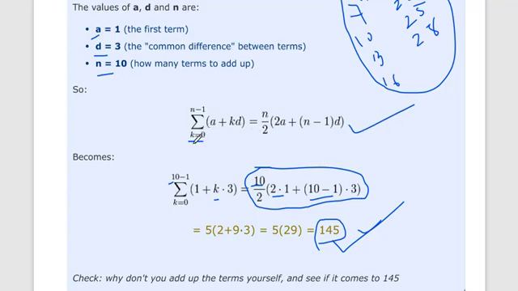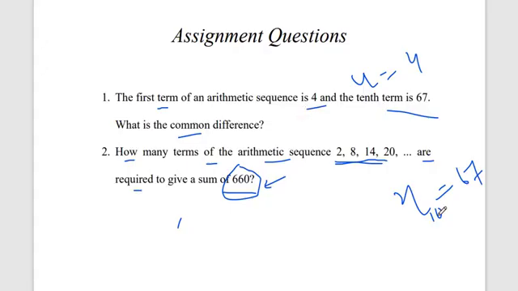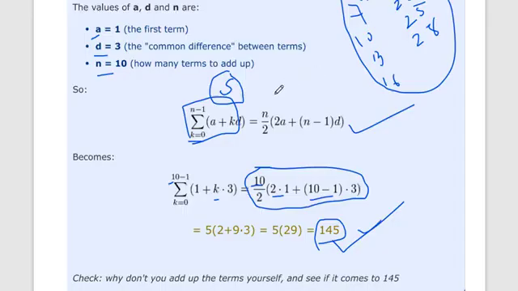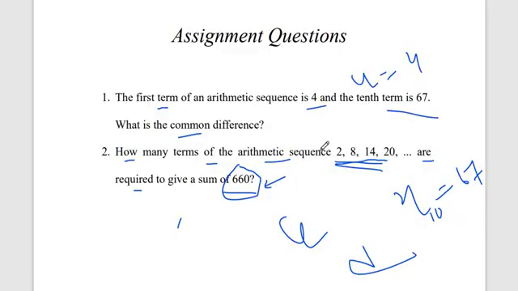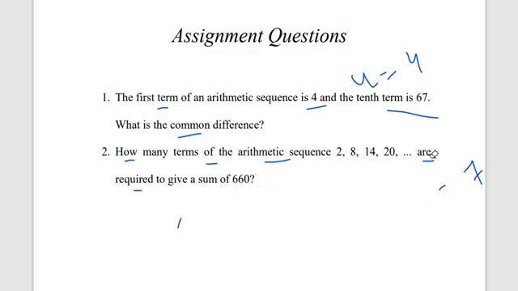We have the sum 660 and the sequence, so we have a and d also. So in this formula there is only one unknown, n, which we have to find, so that the summation is 660.